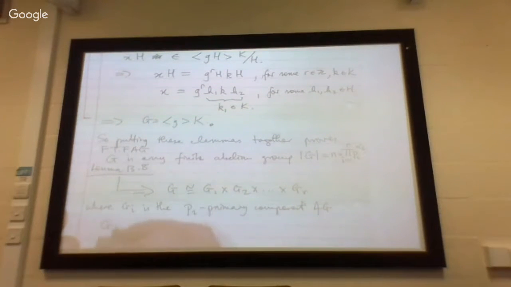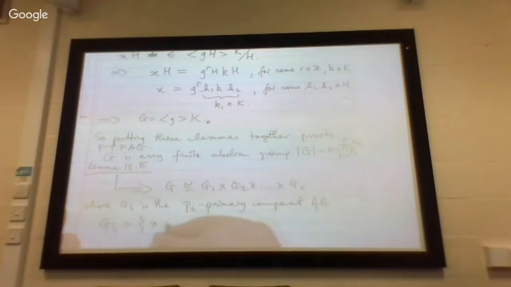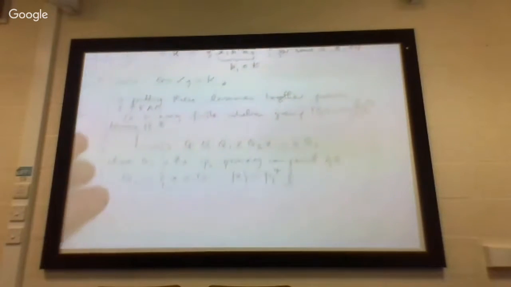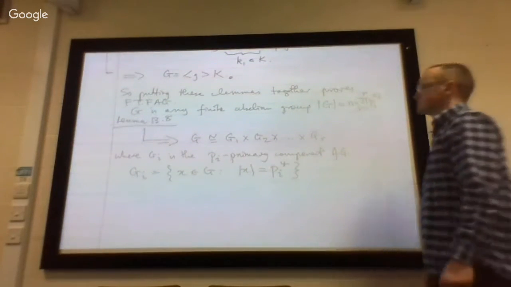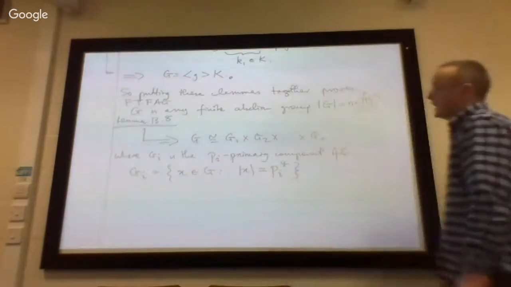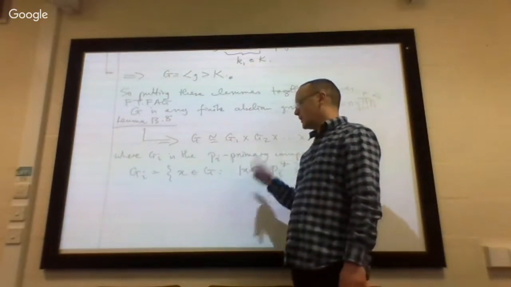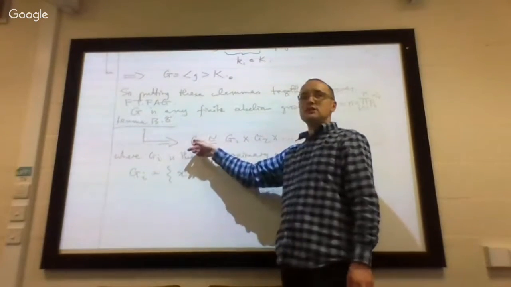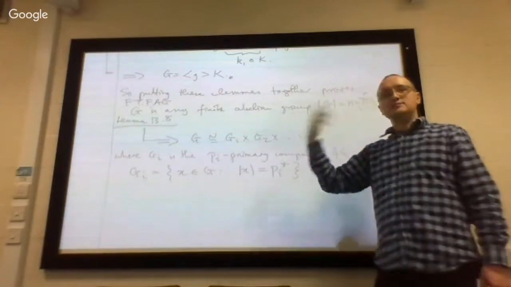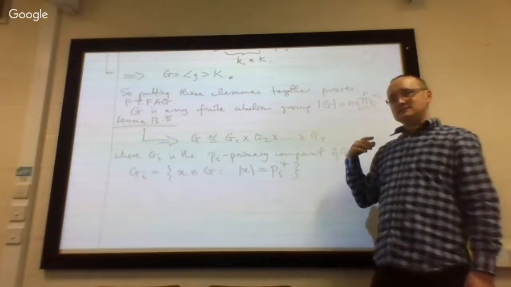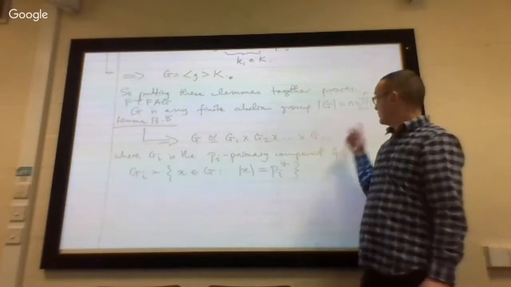Namely, G_i consists, as a set, of every element x from the group G such that the order of x is some power p_i to the y, say, of that prime p_i. What we aren't saying is that every element in G has order a power of one of these primes.